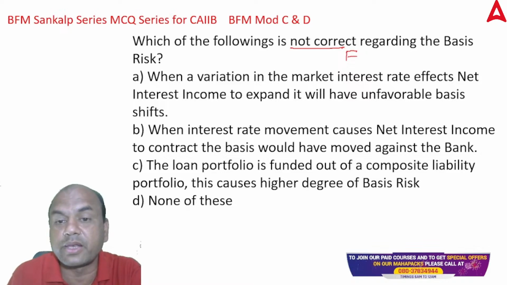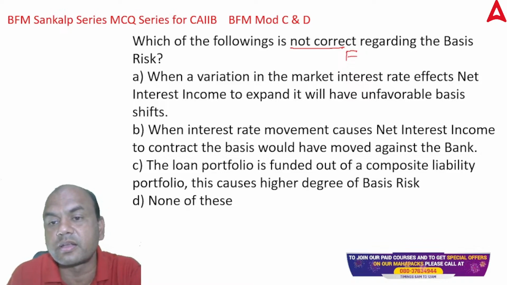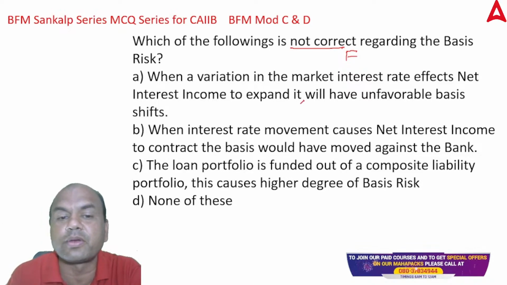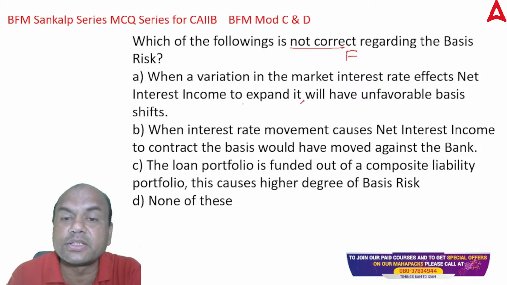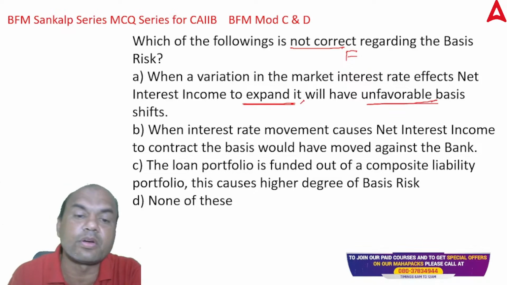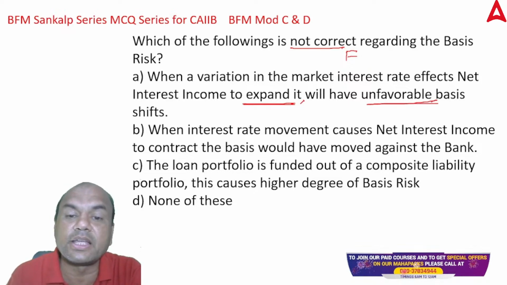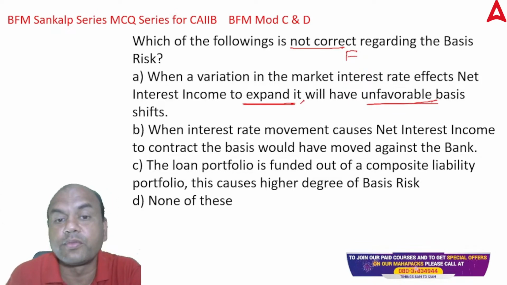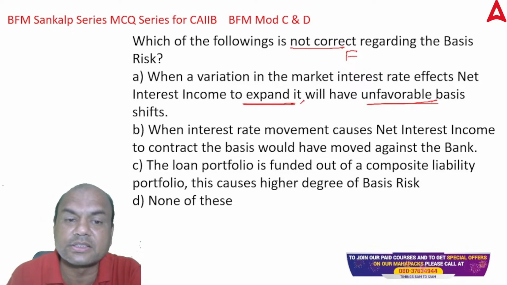So variation in the interest rate affects the net interest income to expand it. It will have unfavorable. Expanded means what? My net interest income is increased. So if it is increased, then is it unfavorable for me? So that is false, obviously, isn't it? So this is gone. So A is the only answer.